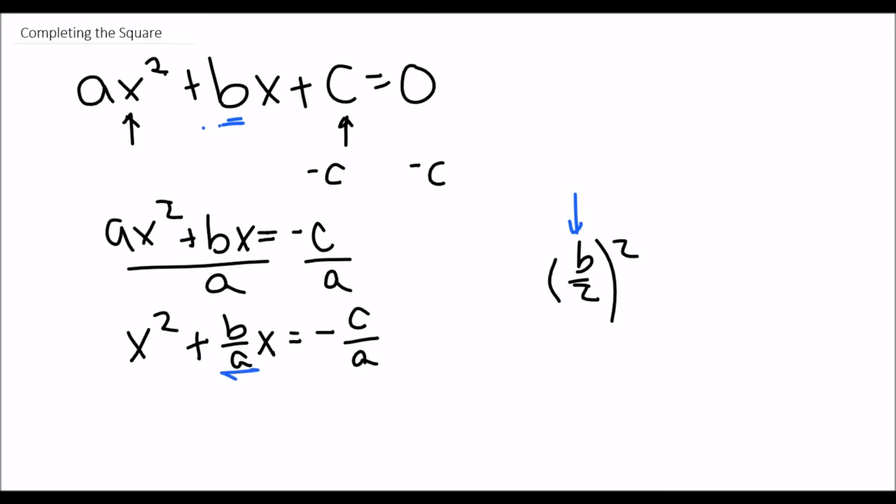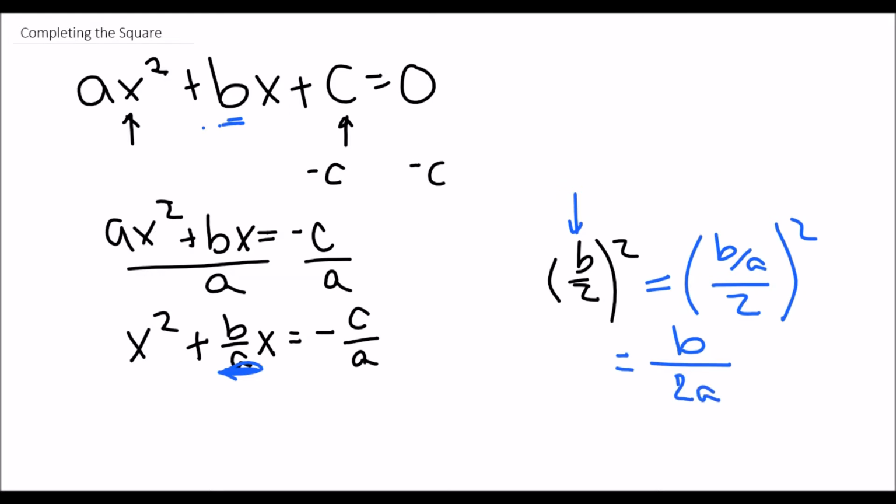So right now that term is all of this, b over a. So we're going to say this equals b over a all divided by 2 squared. And of course we can simplify this to b over 2a all squared, and that could further simplify to b squared over 4a squared.